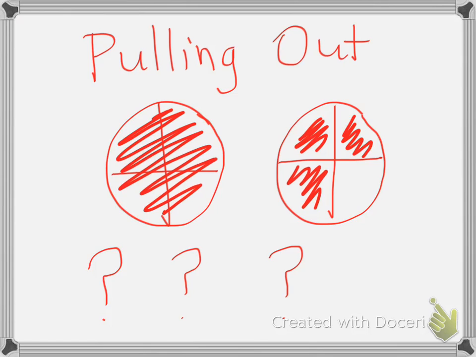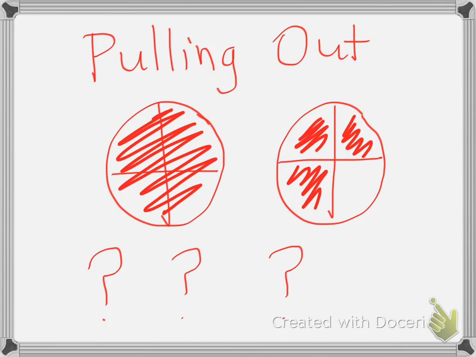Pulling out would sound more like this. Boys and girls, I'm going to draw two representations on the board. Here I've got a whole piece divided into fourths, and on the other side I've got a whole piece divided into fourths, but I've only colored 3 of them, so I haven't colored all of them.